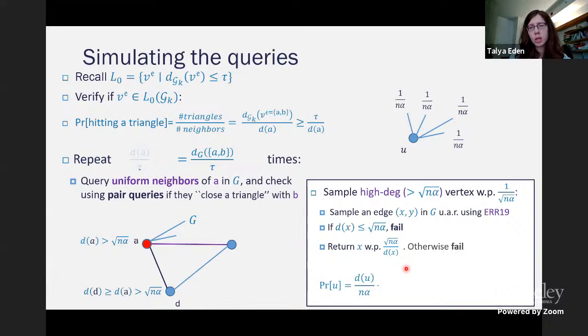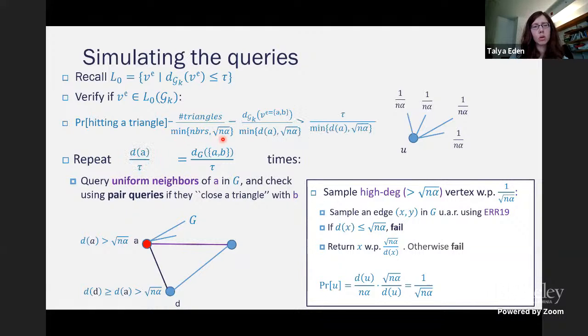And then the probability that I keep it is square root of n alpha over du. I get that each high degree vertex in the graph is sampled with probability 1 over square root of n alpha. So my success probability is now the number of triangles between the minimum of neighbors and square root of n alpha. So also the number of repetitions I need to make becomes smaller.